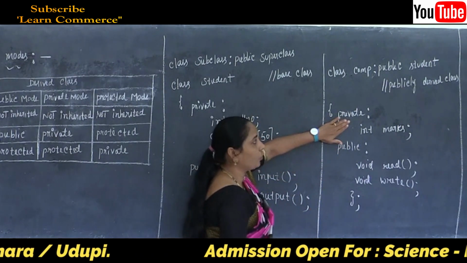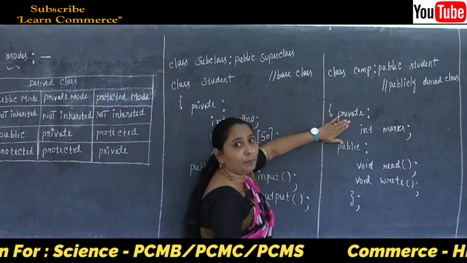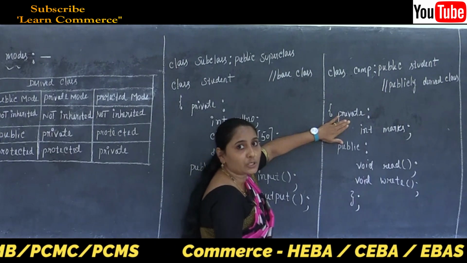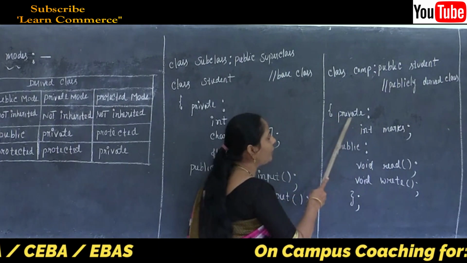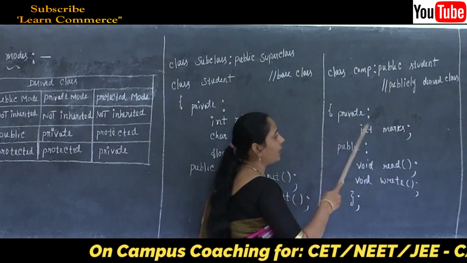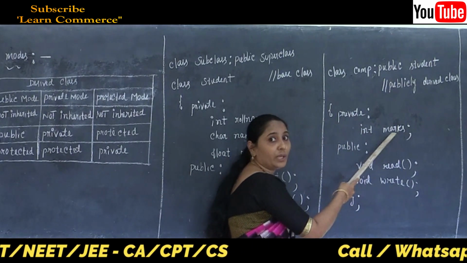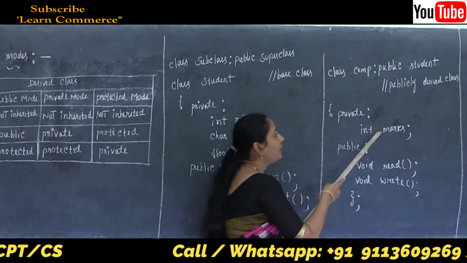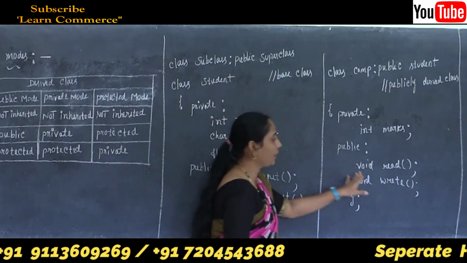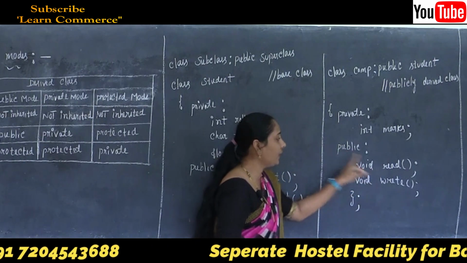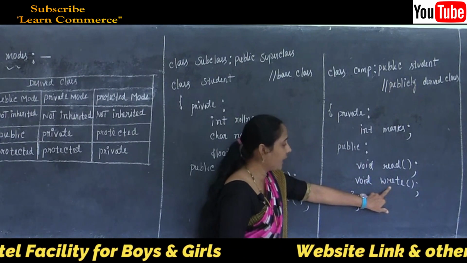Why? Because we know that the new class is not only inheriting the features of the base class, the new class is also adding new additional features of its own. So some member data of the new class, that is marks. Clear this point? It is the member data of the derived class COMP here, that is marks here, and next also adding some other member functions, that is public, the member functions of the derived class read as well as write.